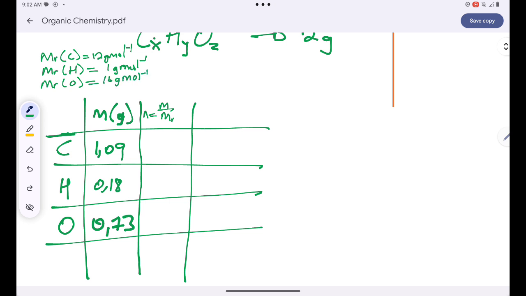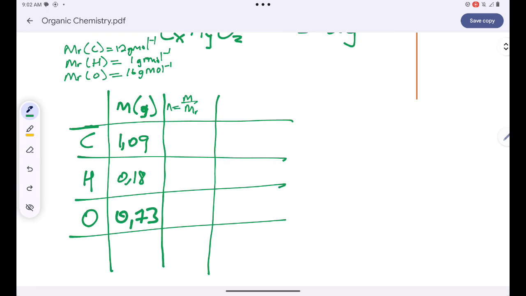So whenever I want to find the number of moles, I say the mass, which is 1.09, divided by 12. This will give me 0.09. Then 0.18 divided by 1, I simply get 0.18.